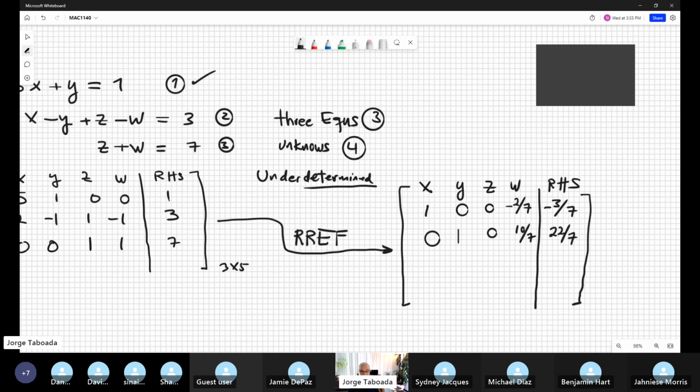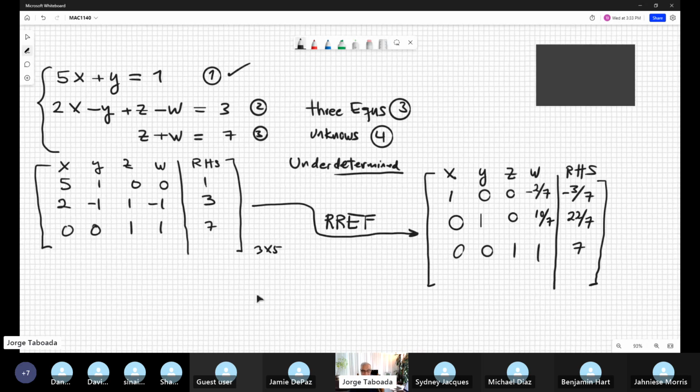And the last is 0, 0, 1, 1, and 7. I suppose that the last equation doesn't change. It stays the same. And no more can I do. This is the minimum expression.